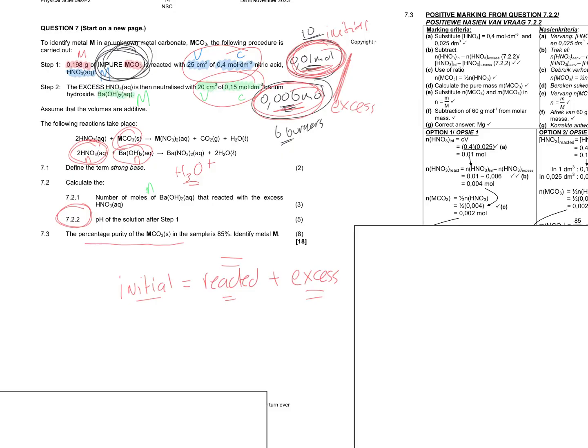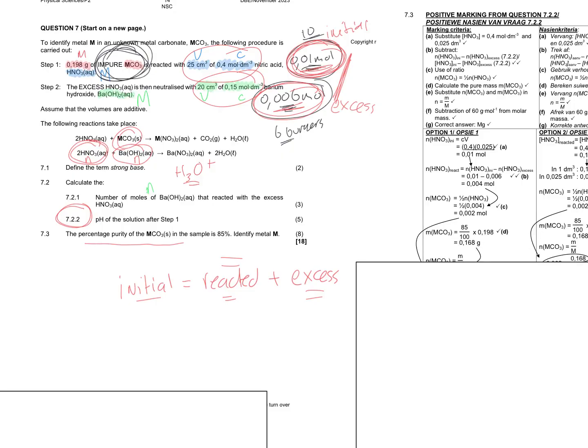So then we have a number of moles of MCO3. Now they told us that here it's saying that 85% of 0,198. So they tell you that the percentage purity is 85%. So they're telling you that the impure one, which is this red number over here, 85% of that red number, this is the pure MCO3.